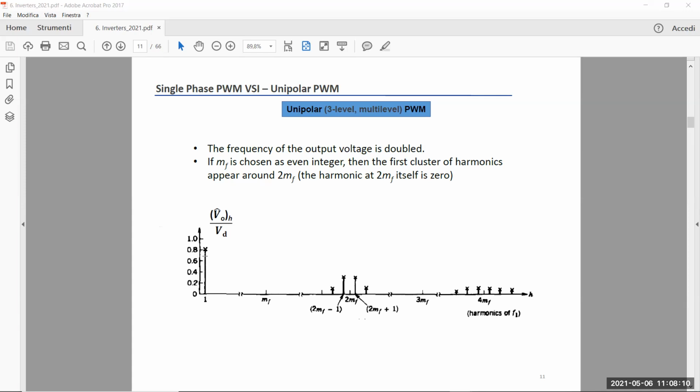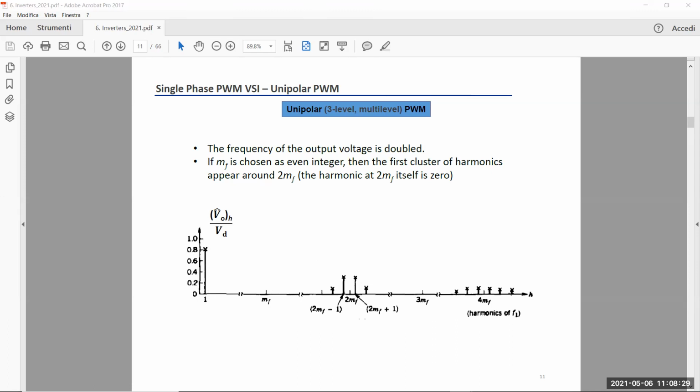I can modulate this value by MA. Then the first harmonic is something around 2 MF. There is nothing around the MF frequency, or the switching frequency, but you have the even harmonics here.